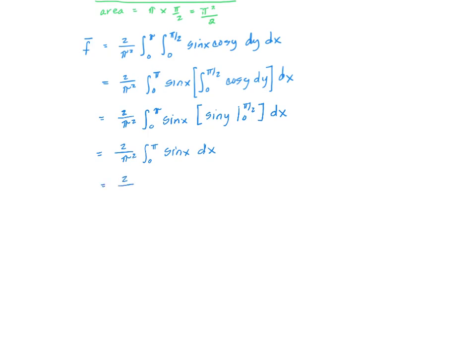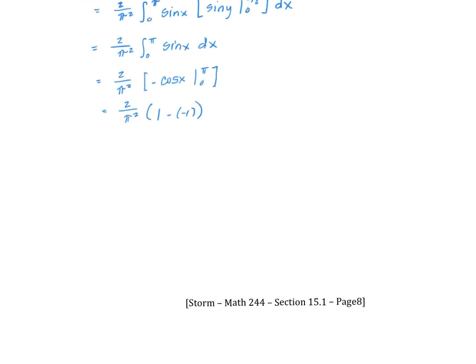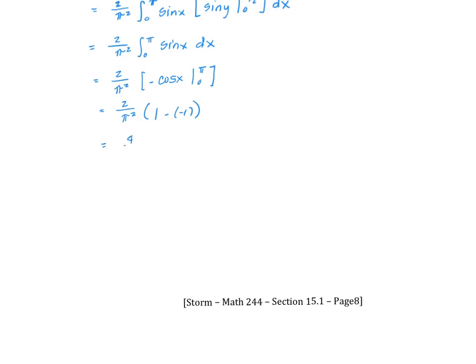So this is 2 over pi squared times negative cosine of x evaluated from 0 to pi. Negative cosine of pi is 1, minus negative cosine of 0, which is negative 1. So it's going to be 2 over pi squared times 1 minus a negative 1, which is simply 2. The final answer is going to be 4 over pi squared. And that's it for this section.